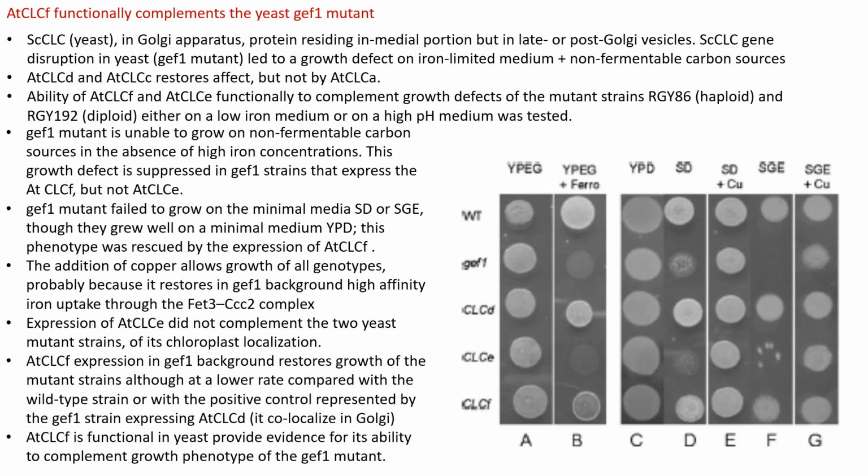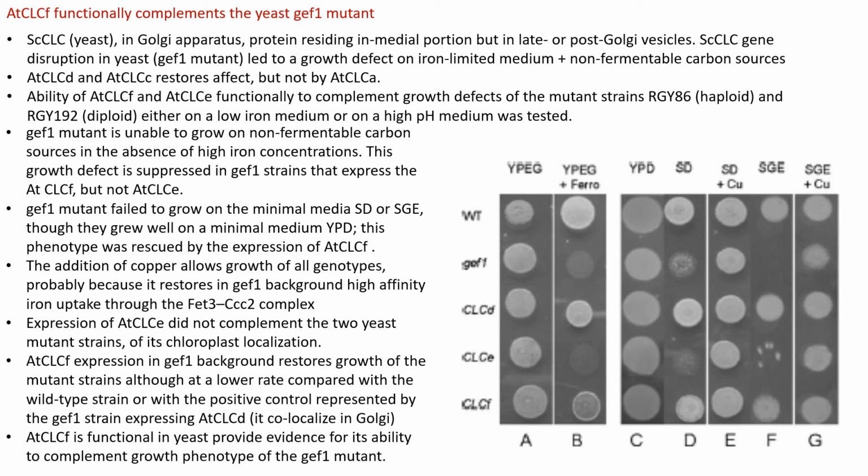And you can also see similar effects in other cases, where copper added to the media helped in the restoration of the growth defects that were present for this mutant.